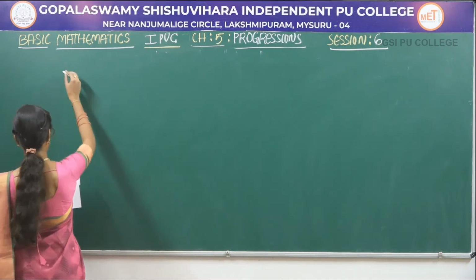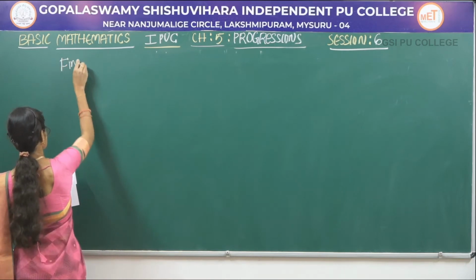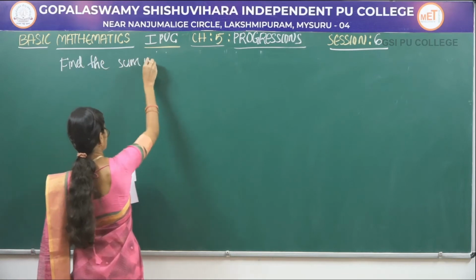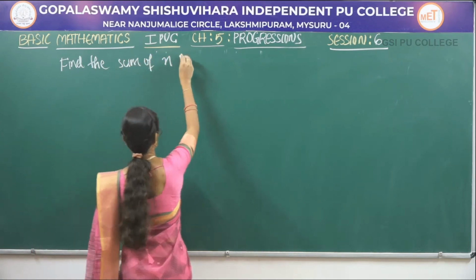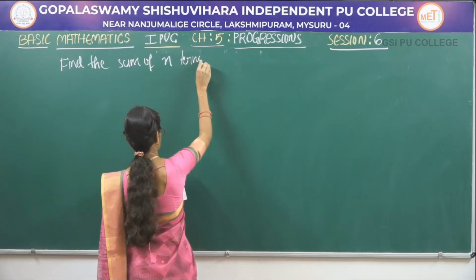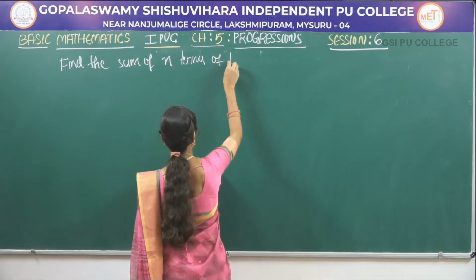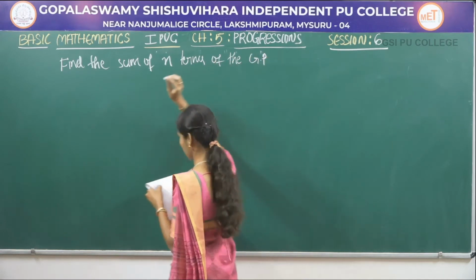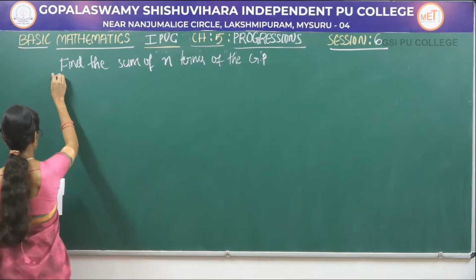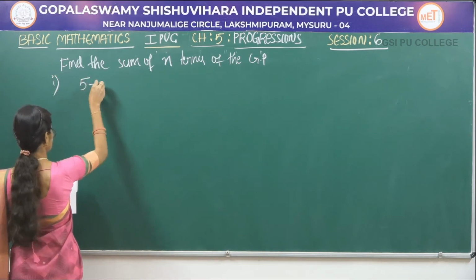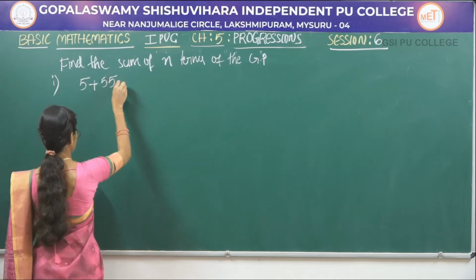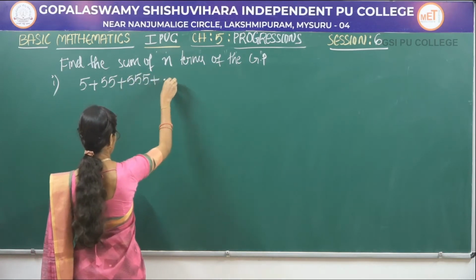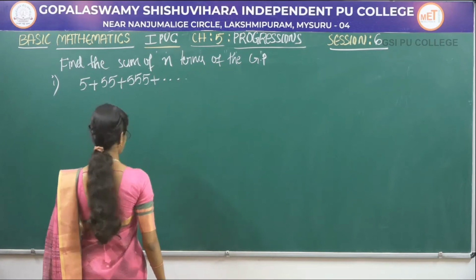Next question, find the sum of n terms of the GP. So sub question, first one: 5 plus 55 plus 555 to infinity.